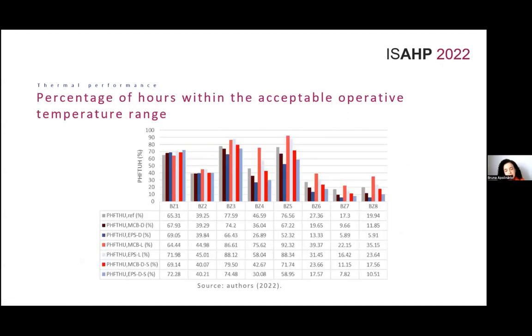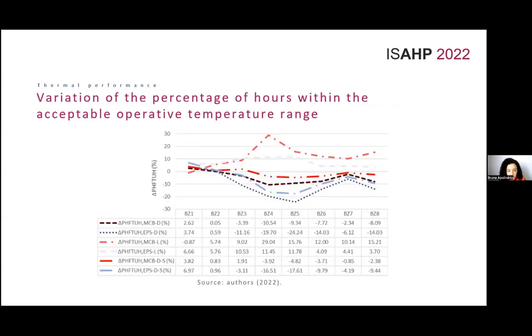To the percentage of hours within the acceptable operative temperature range, in zone 4 to 8, the masonry represented the highest percentage, and the EPS dark and EPS dark with shading the lowest. For zone 1 to 3, in general, the highest percentage was obtained with the EPS, and the variation of the building systems was more significant in zone 3 to 6.